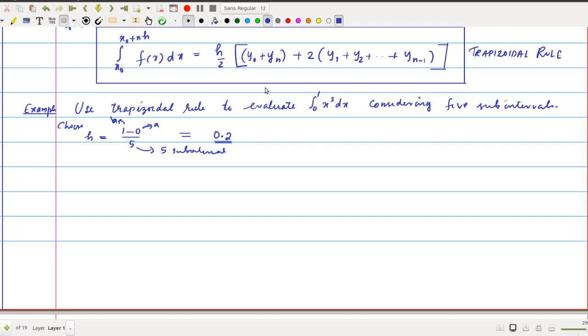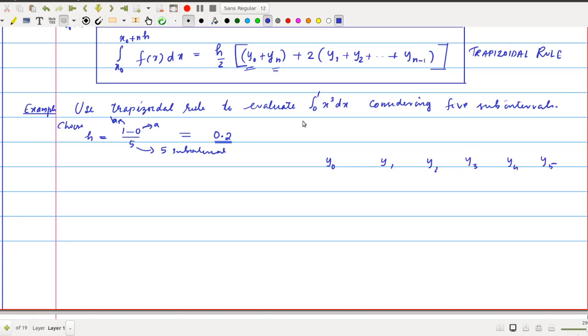Now the next step is to evaluate the values y0, y1, 2 times y0, yn, 2 times y1, y2, etc. up to yn minus 1. We are given 5 subintervals, so we need to evaluate the points y0, y1, y2, y3, y4, y5.